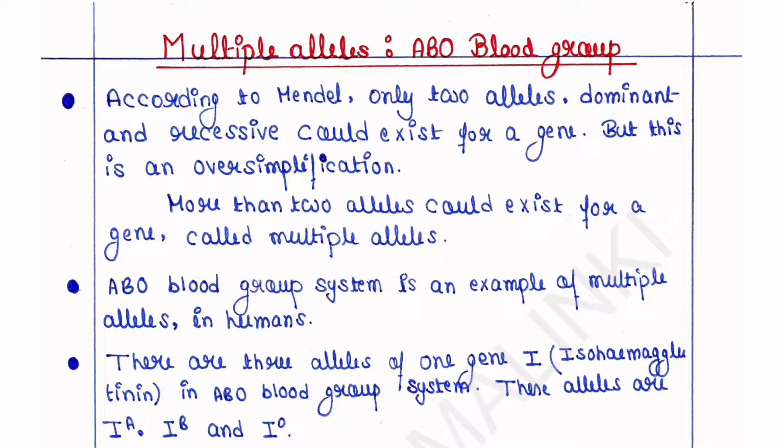There are three alleles of one gene I, that is isohemagglutinin, in the ABO blood group system. So this gene I has three alleles. These alleles are IA, IB and IO.